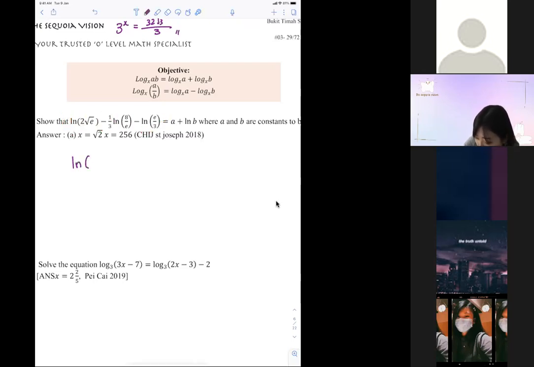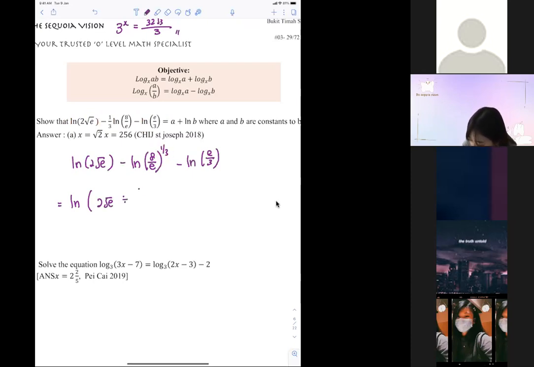So you got ln 2 square root e, ln 8 over e to the power of 1/3, minus ln e over 3. Okay, so combine them. Minus means divide. 1/3 means cube root. So cube root of 8 is 2. And then e, just put power 1/3.